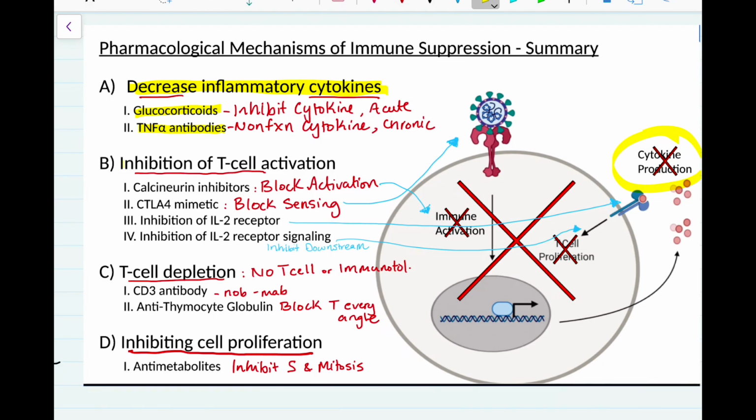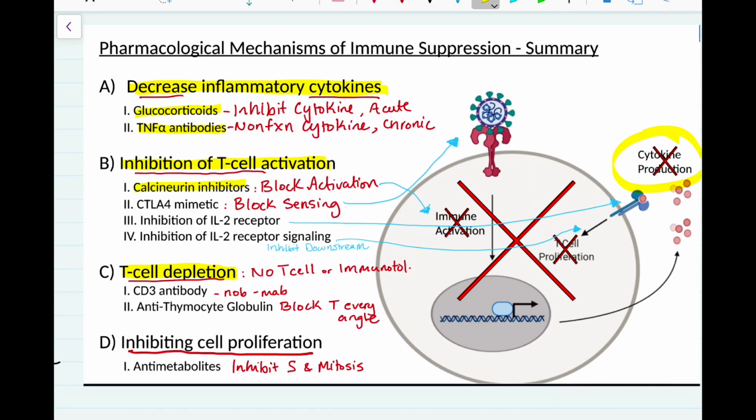Next, we have inhibition of T cell activation, and I'll just repeat this over and over as we go on. There's two: we have inhibition of T cell, and then in C, we have T cell depletion. So in B, we have normal T cells, but they're non-functional, and in C, we have totally no T cells. First, in inhibition of T cell activation, we have calcineurin inhibitors, and they block the activation.